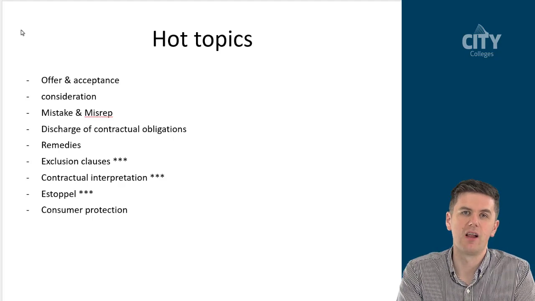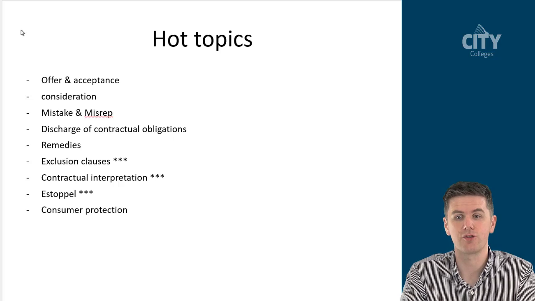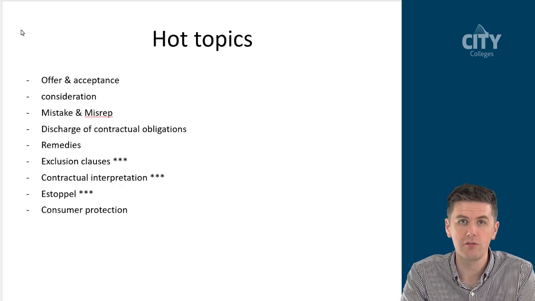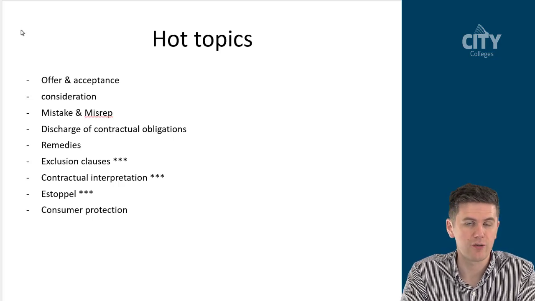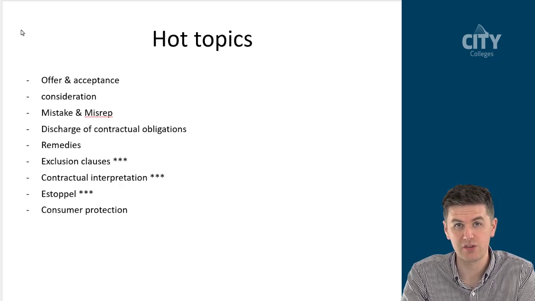I have here on the slide certain what I would call hot topics that I would not be surprised to see on your exam paper itself. Of course, I don't hold a crystal ball for the exam. I don't know what's going to come up, but certainly looking through the past papers, these are the topics that I'm telling my students to pay particular attention to for the upcoming October 2024 paper.